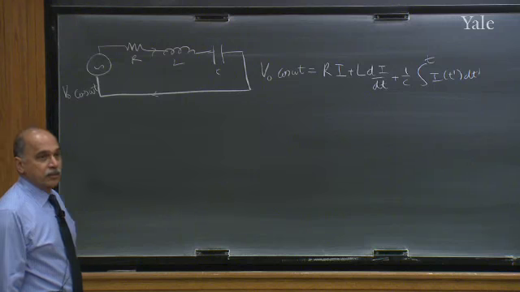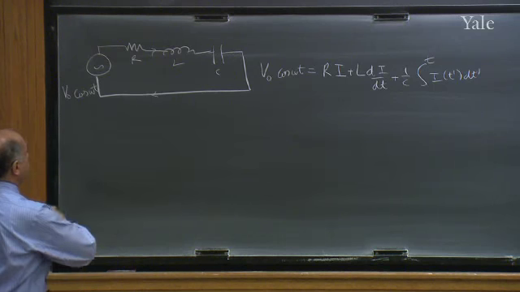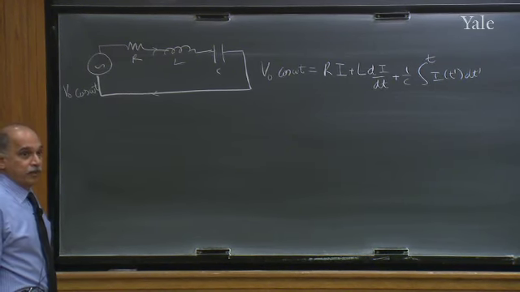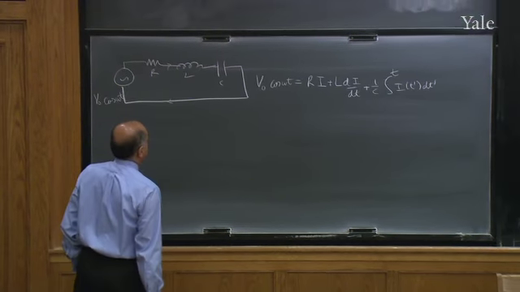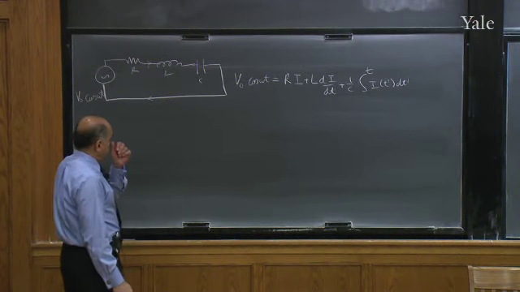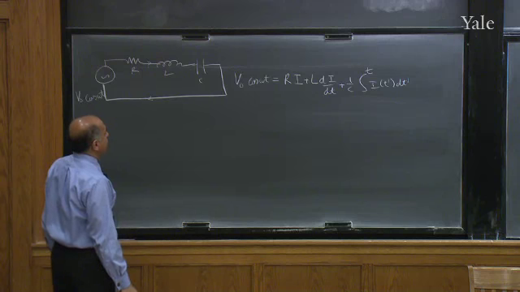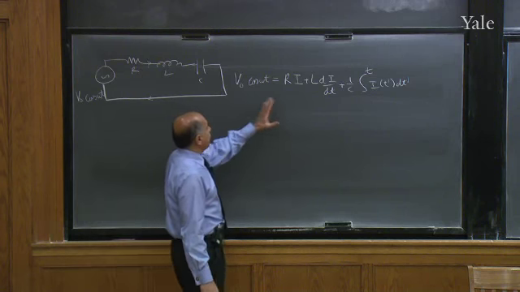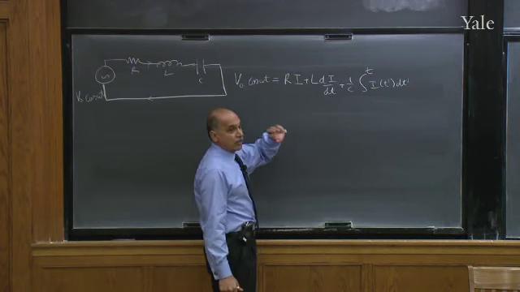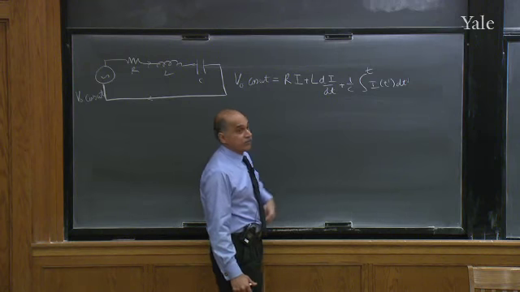That determines the current at every instant in time. So if you can solve this equation, you solve for the current. But what's difficult is that it's not an algebraic equation. It's not like V equals IR, where you divide by R, you get the current. This has integrals, it has derivatives.